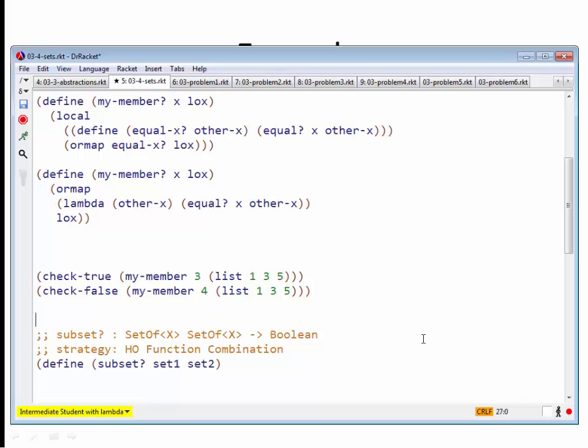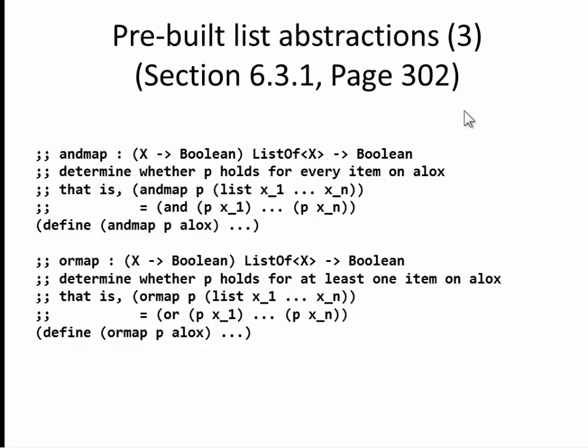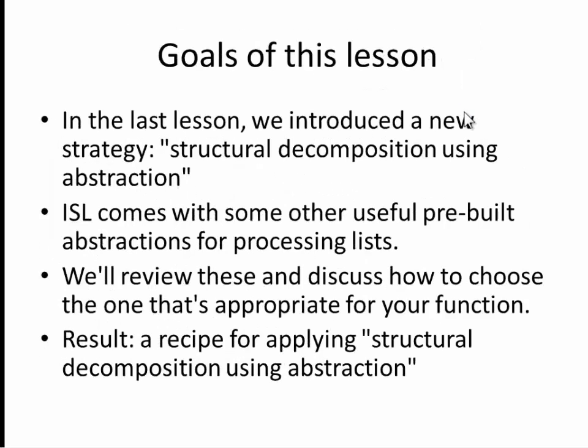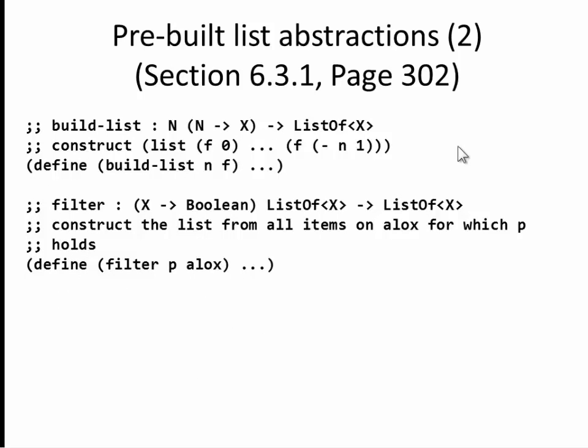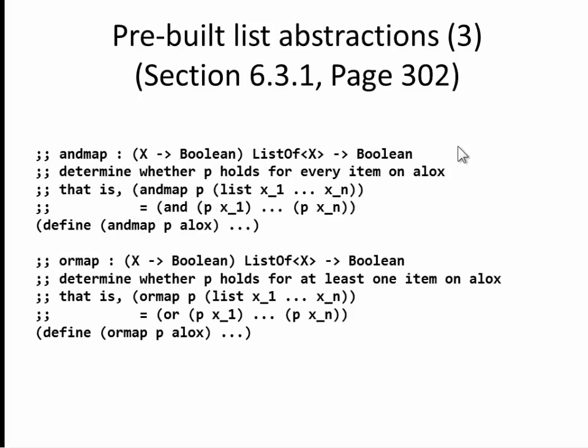Okay, which functions produce Booleans? Let's go back and look. Foldr could produce a Boolean if you asked it nicely. Build-list is never going to produce a Boolean. Filter is never going to produce a Boolean. Ah, here we go. And map and or map produce Booleans.